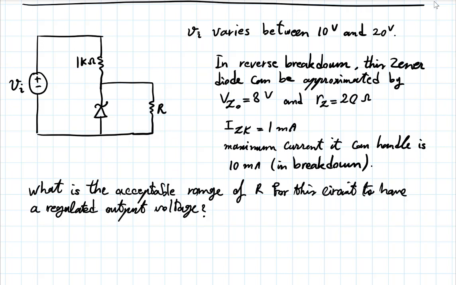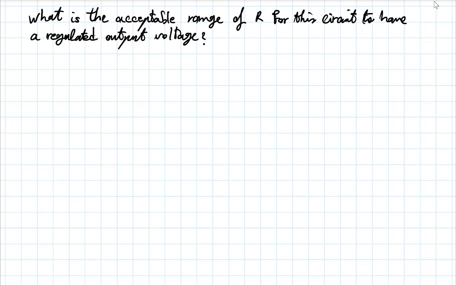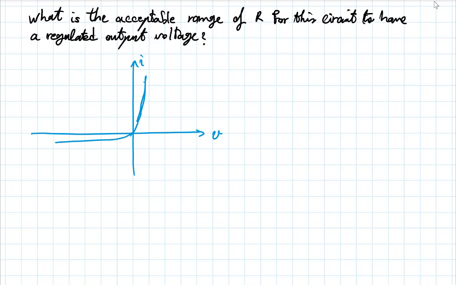All right, let's take a look together. First of all, maybe a brief reminder. If this is the Zener IV characteristics, in general, it looks like a regular diode, except it has this particularly sharp vertical drop in breakdown, and it's been designed to operate there.